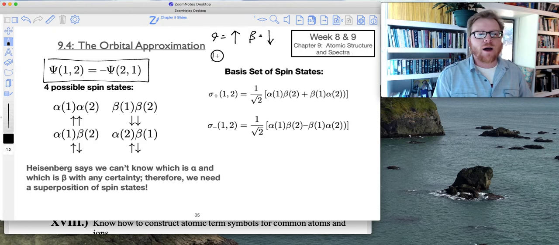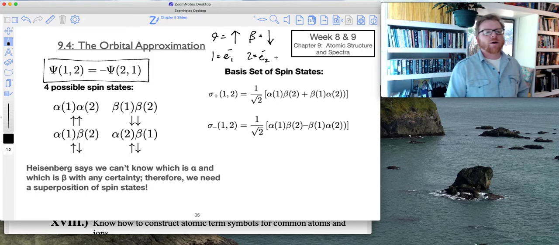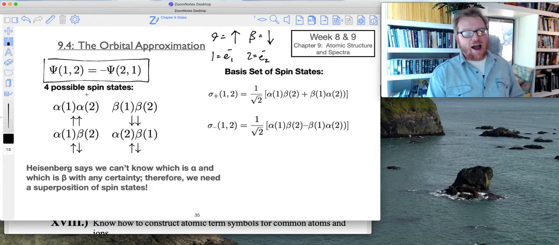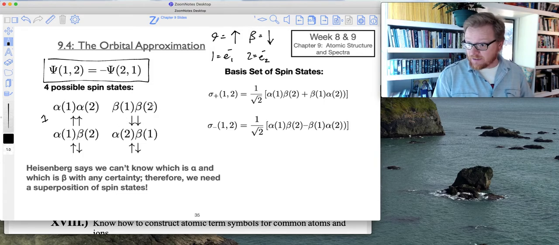The number 1 is electron number 1, and the number 2 is, you guessed it, electron number 2. So how do my 4 possibilities work out? Well, I have one possibility of just alpha 1, alpha 2, in other words, where both of them are spin up. That's one possibility. I could have both of them in the beta spin state, both spin down. That's a second possibility.